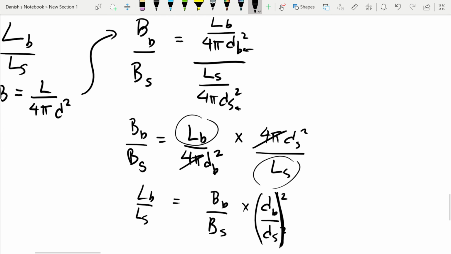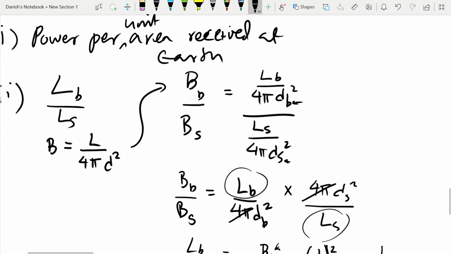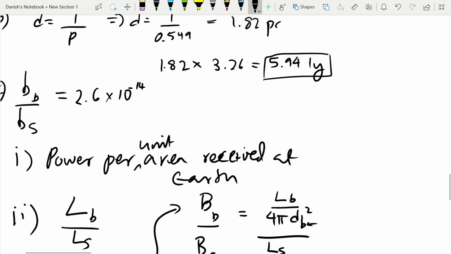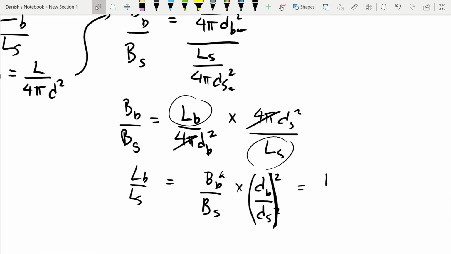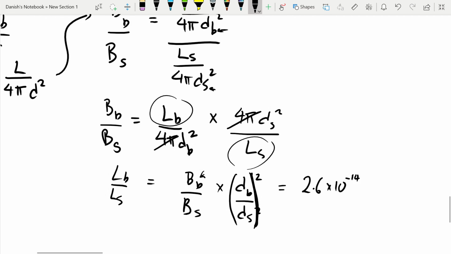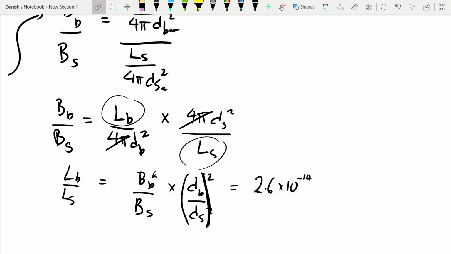So that's fine. Now this value here, we were given this value, which was 2.6 times 10 to the negative 14. And the value next to it here.